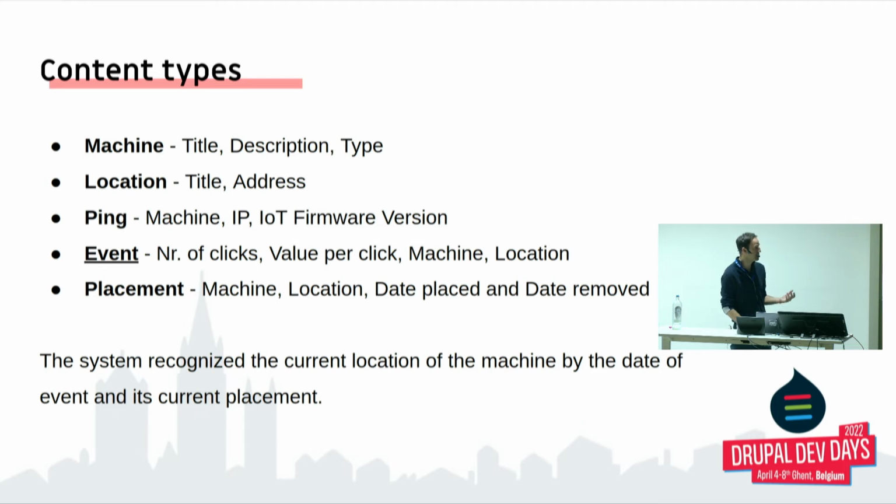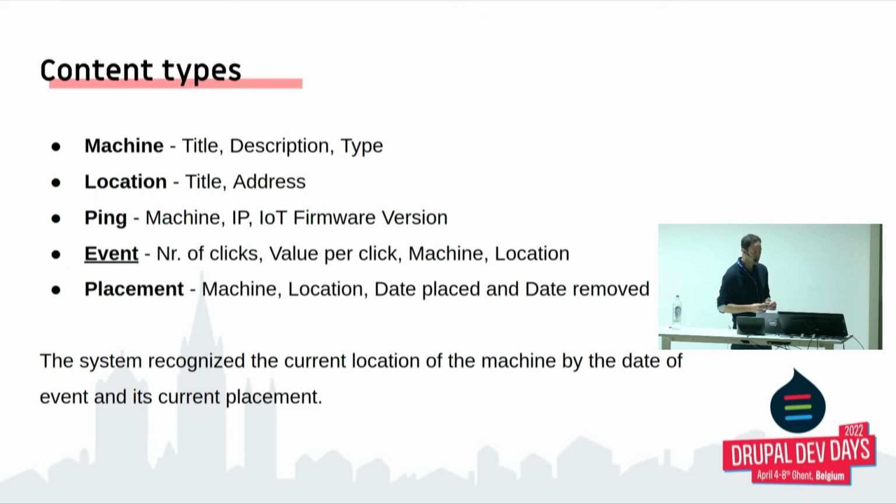So we don't say you put in €2 whenever you put €2. We say you put 4 clicks and value per click is 50 cents. And of course every event needs to know which machine is sending and from which location. Placement is a really nice thing to have, because as soon as I started developing that, on every IoT device I had to configure where it is placed.